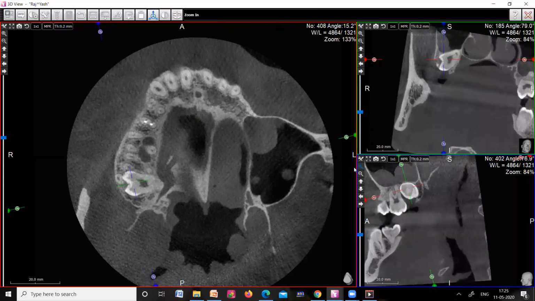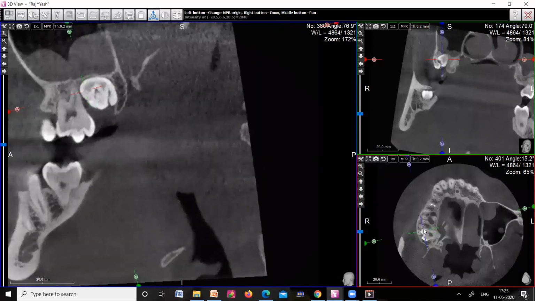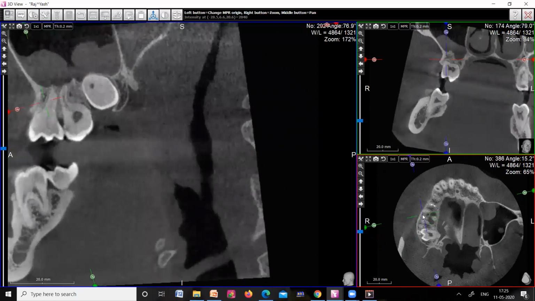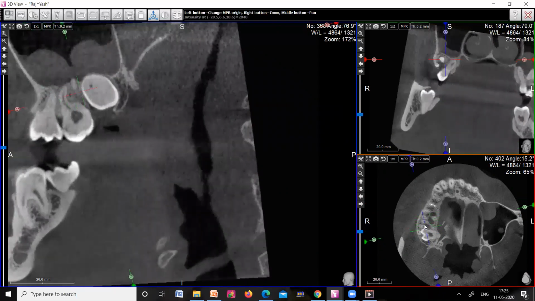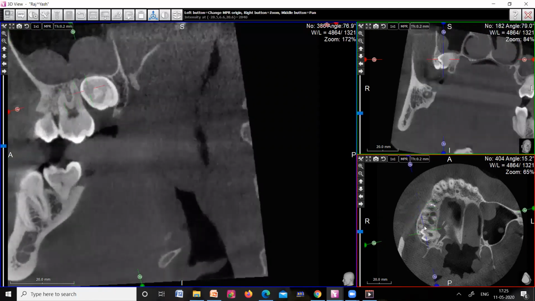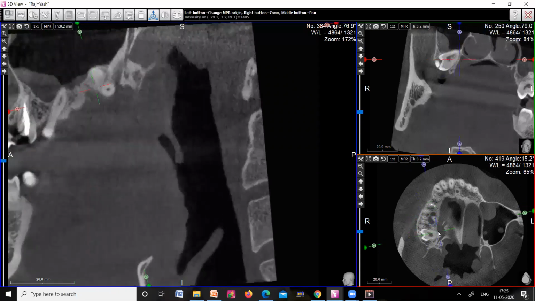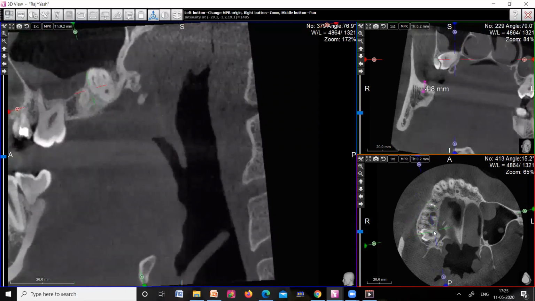So over here on the sagittal view, which, as I always tell you, is a very important view, I can see that it is in close contact, but it is not perforating it. At the same time, I can also see that I have three roots.